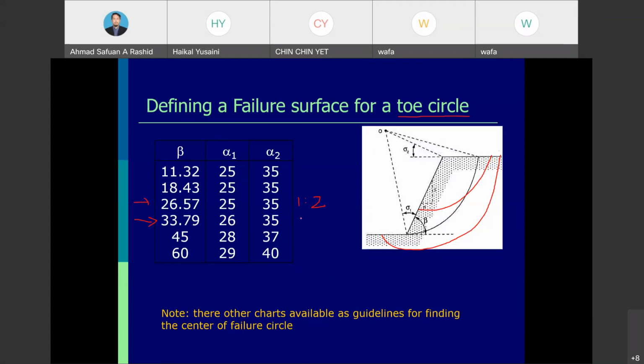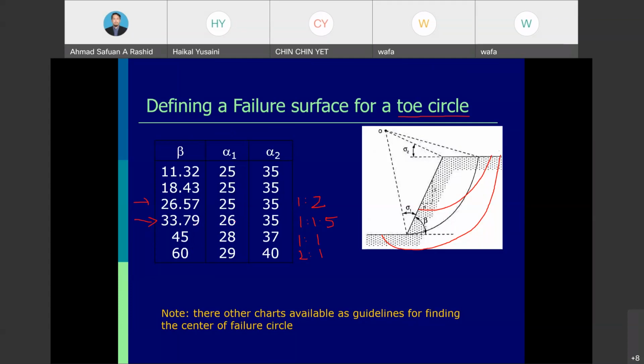If I'm not mistaken, 33 is one vertical to 1.5 horizontal. 45 is 1 to 1. 60 is 1 to 0.5, if not mistaken. So for example, if we construct the beta as 1 over 1.5, or 33.79 degrees.